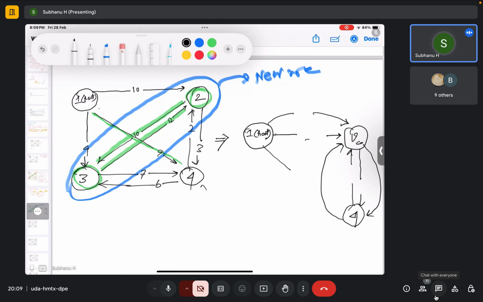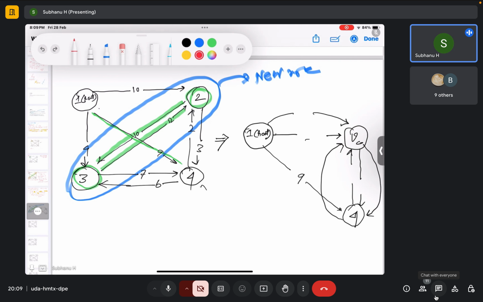And here I had 9. So this 9 is coming from here only. Right? Got it? No problem? Okay. So now I have to fill in the blanks.